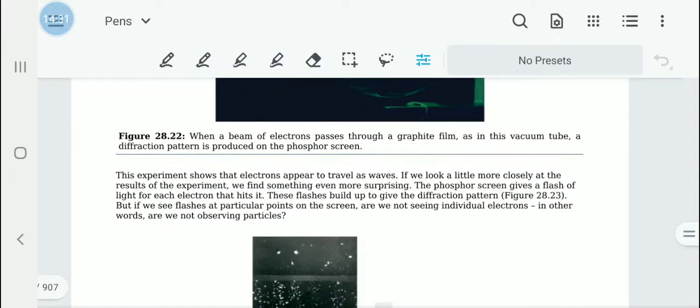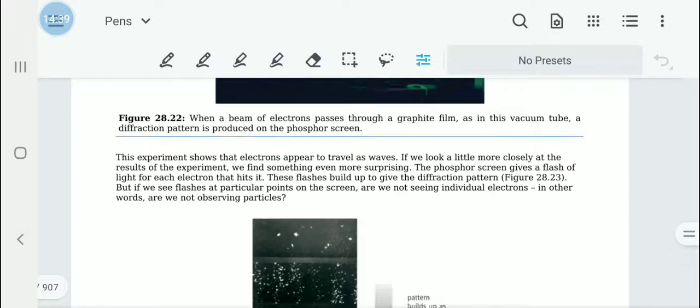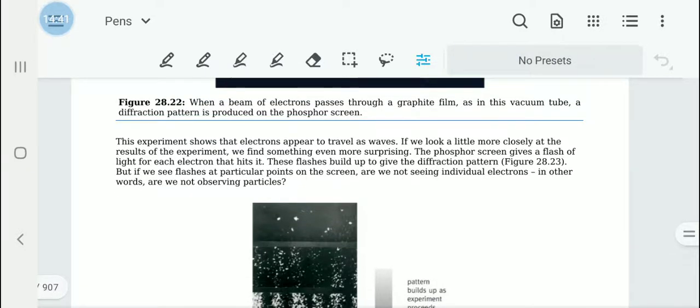Now if we look at the results, there is another very important discovery that we can make. The phosphor screen will give us flashes of light whenever an electron hits it.